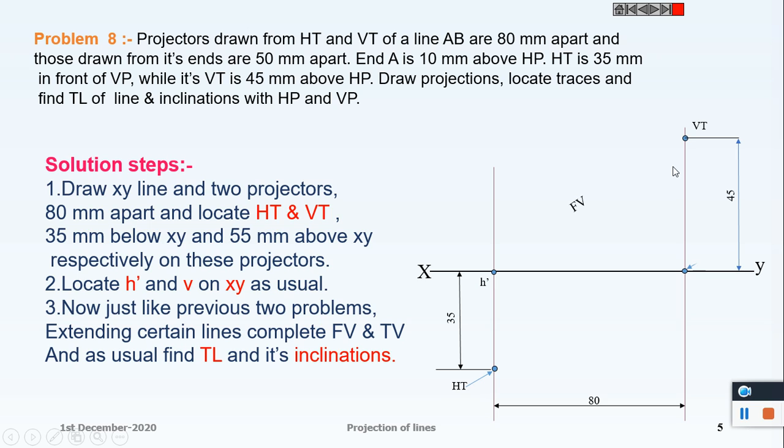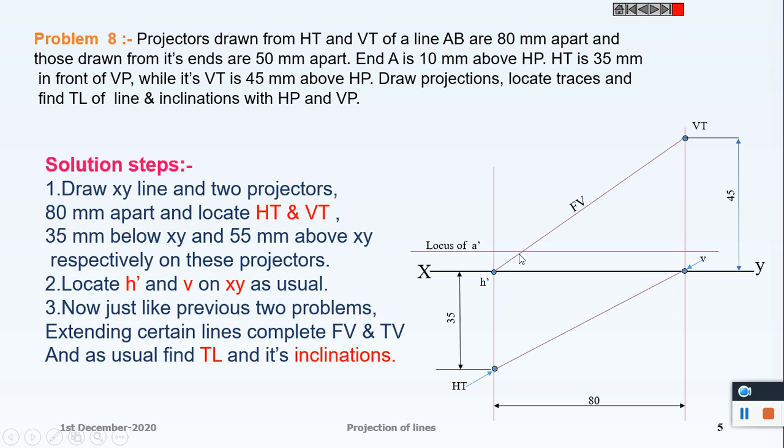Now we can draw the front view of the line joining VT to H dash. And joining HT to V, we get another line. The end A dash, or the location of A dash, can be found out by the end A is 10 millimeter above HP. So it is the locus of A dash.